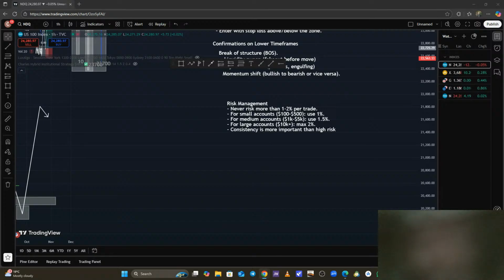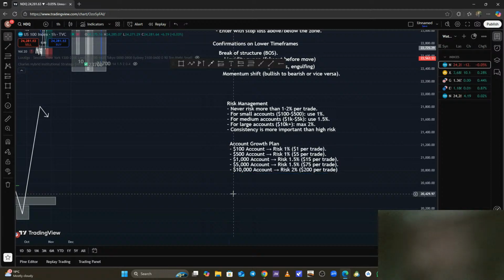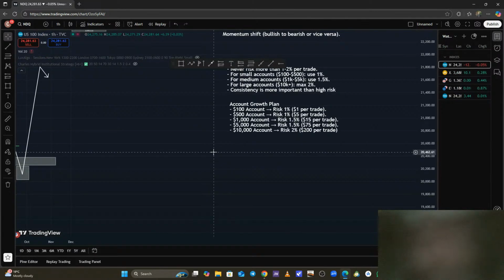Once you identify this risk, if someone is asking how will I grow my account with this risk management model, let me show you. Account growth plan.